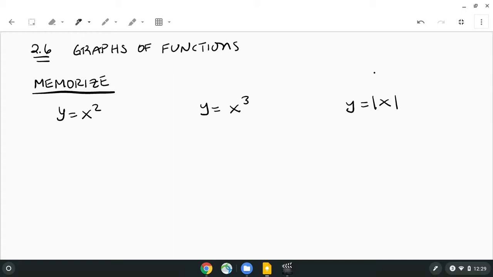We're going to graph these by looking at 3 points, making a table of values of 3 points. But just like in the last section where we looked at how to graph a line just by analyzing the equation, that's what we're eventually going to be doing here in 2.6. So we are going to be looking at the equation, analyzing it, and extracting information about how to graph it instead of making a table of values.